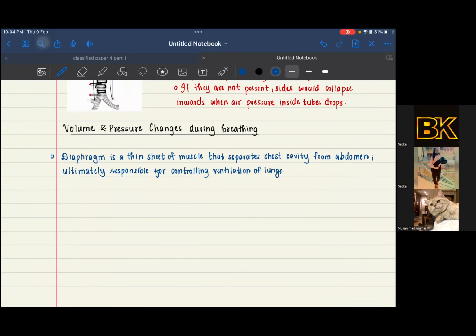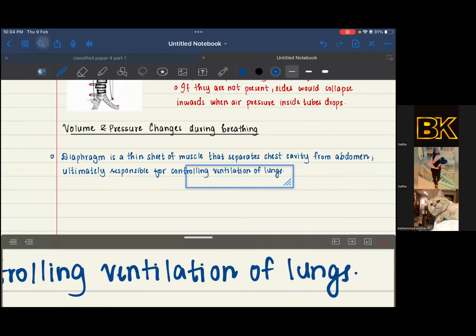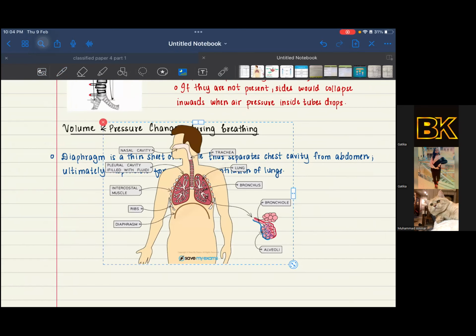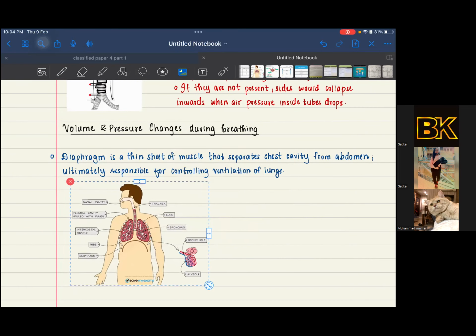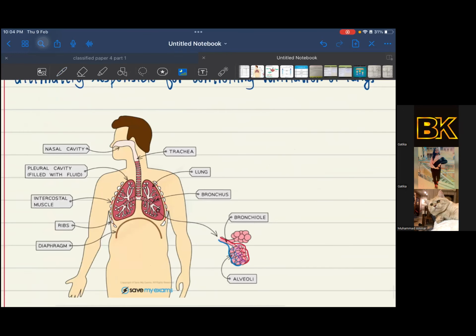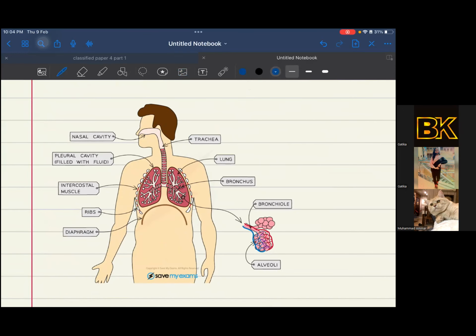Now, let us keep that diagram here. It will help us in the explanation. First, we're going to look from here and then I'll write the points. See, when the diaphragm contracts, I'm talking about the contracted state when it's flat.